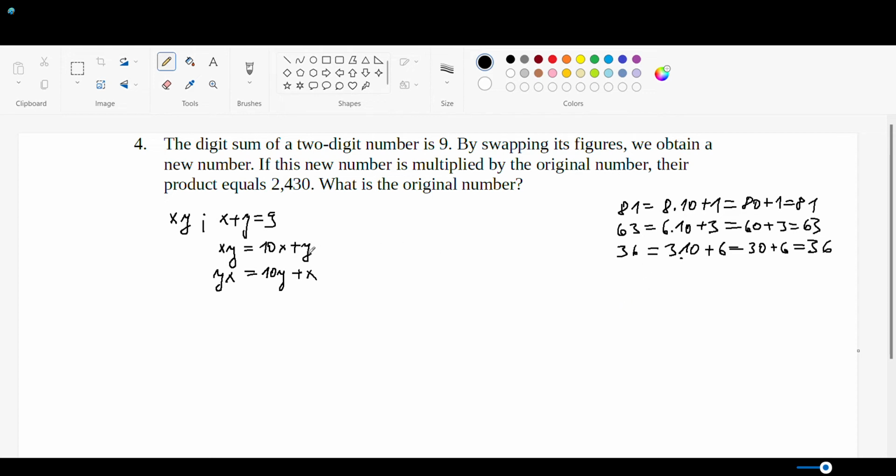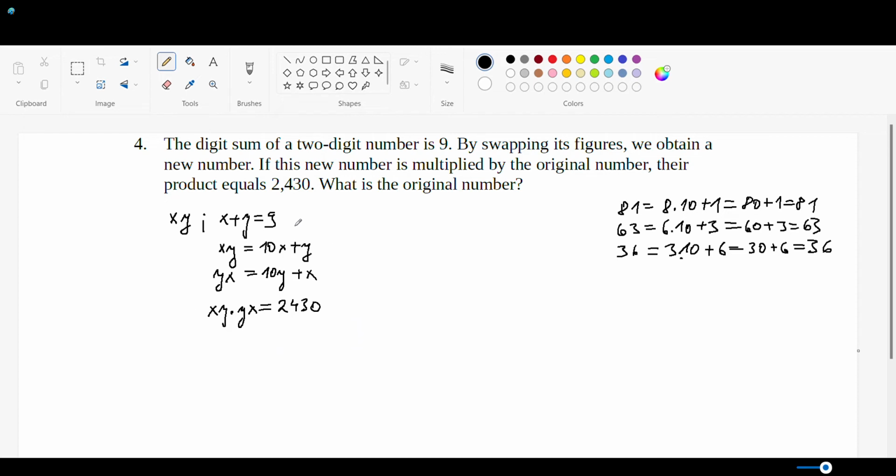Another fact which is important here is that if we multiply these two numbers, the product is 2430. Now we have to combine somehow this information and put them into this equation.